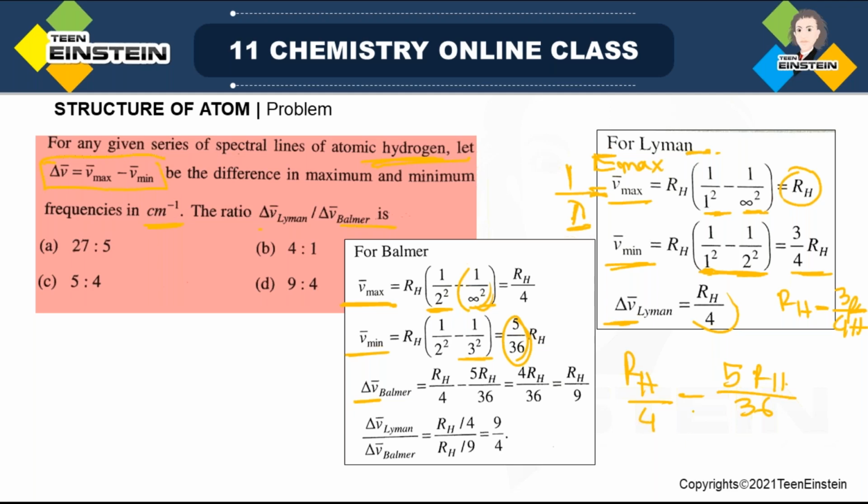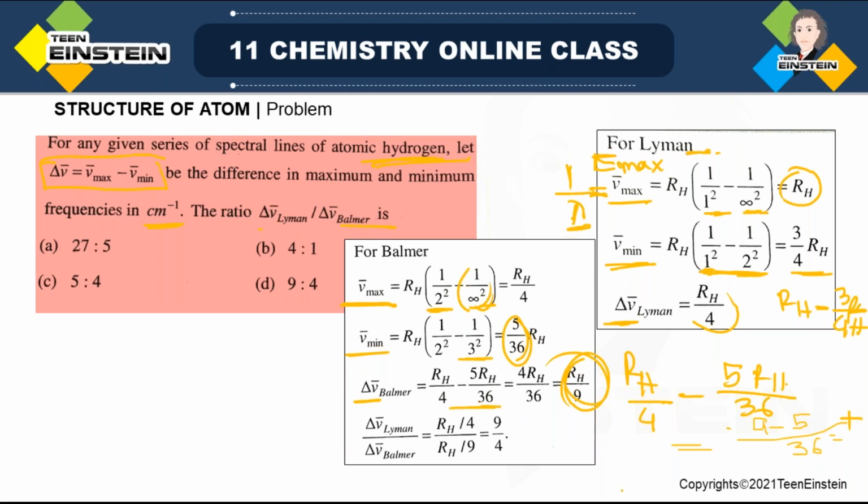If you do the calculation, 36 divided by 4 is 9, minus 5, that means you are getting 4 by 36. So 4 by 36 is nothing but RH by 9. Okay, so del nu bar for Balmer is RH by 9.